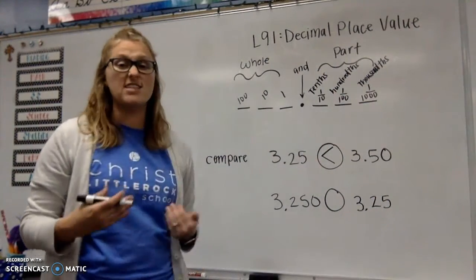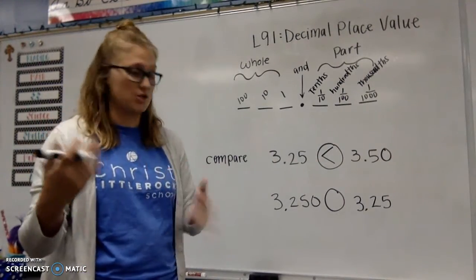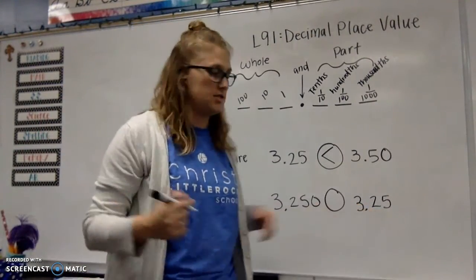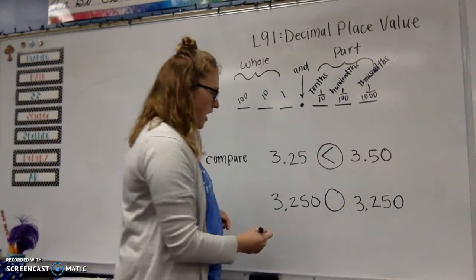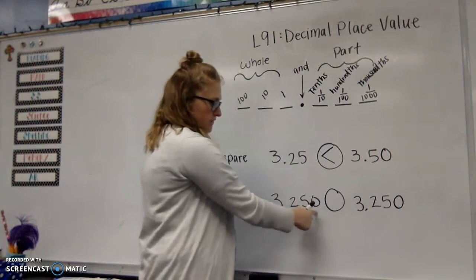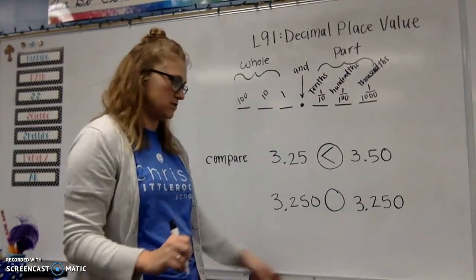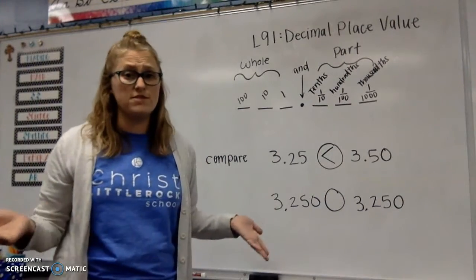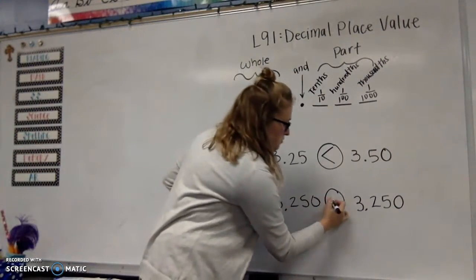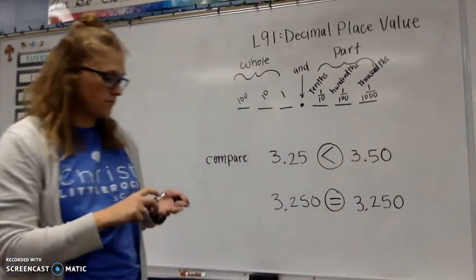So we need to move it up to whichever one is larger. Thousandths is larger than hundredths, so we need to turn our hundredths into thousandths. So now I have 3 and 250 thousandths compared to 3 and 250 thousandths. 250 is the same as 250, so these would be equal.